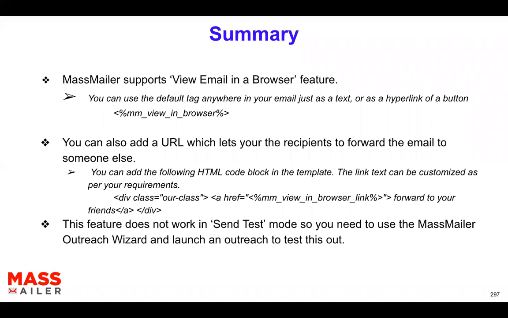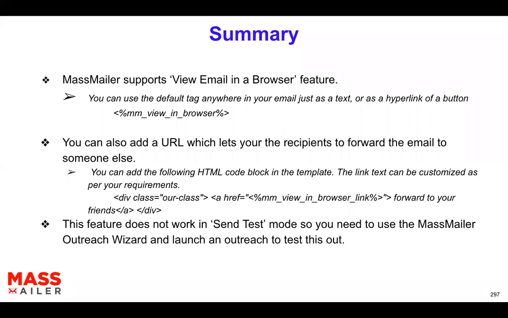You will see a view email in a browser link in the email template. When somebody clicks on it, it would take them to a page where they can actually see the email template, right? How do you add a URL which will let your recipients forward that email to someone else?